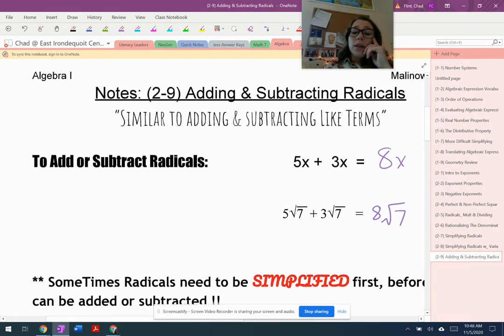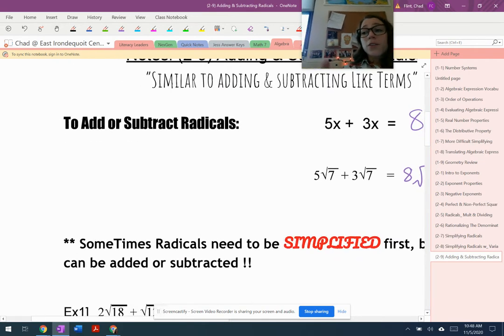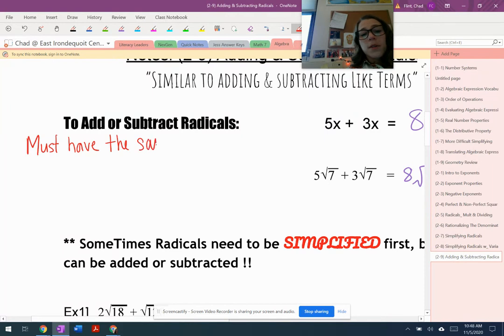So when you're adding like terms, you need to have same variables and same exponents. When you're adding or subtracting radicals, you must have the same radicand.